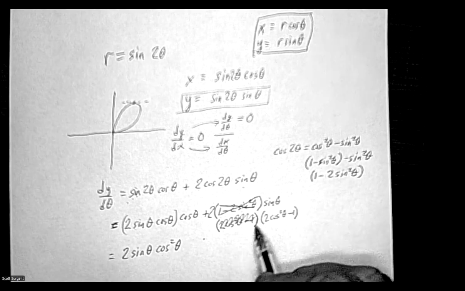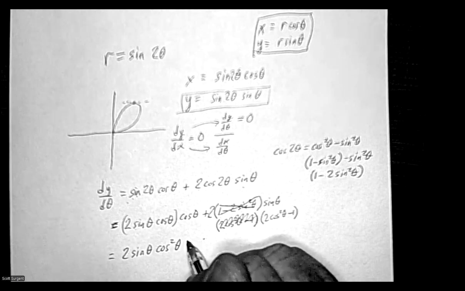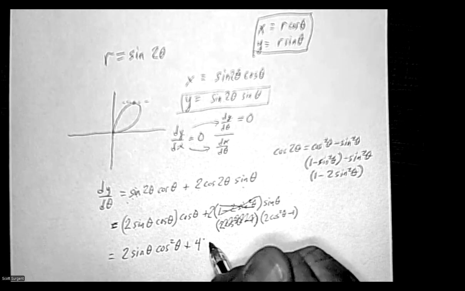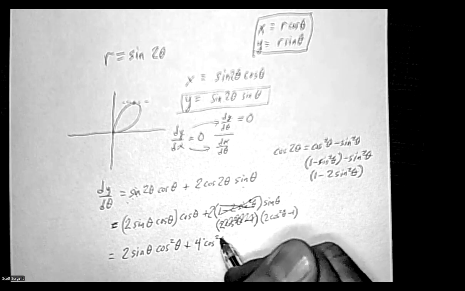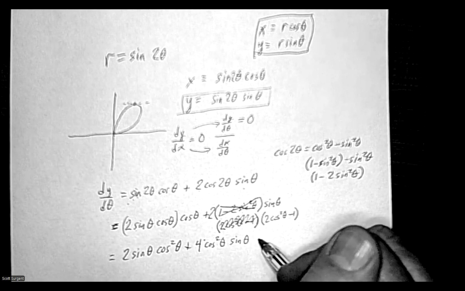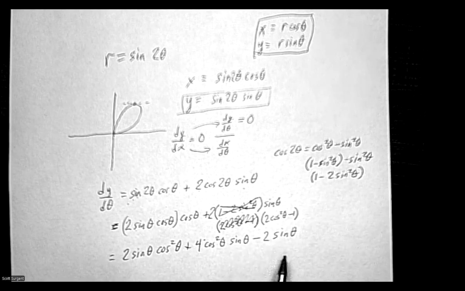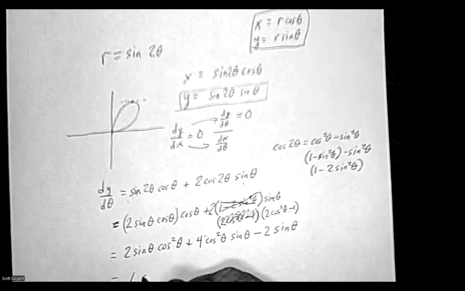Then distributing the sine through, I'm going to have 4 cosine squared theta sine theta minus 2 sine theta. So I'm distributing 2 sine theta through this thing right here. And that does allow me to combine a couple of terms here.